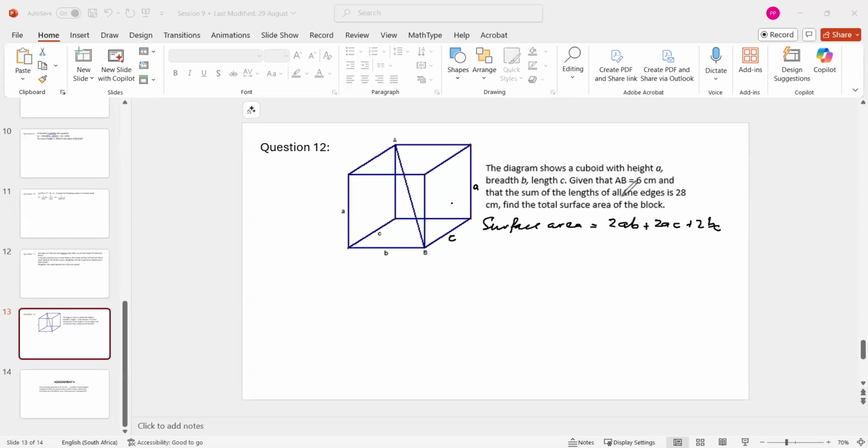The only thing they give you is, they say AB is 6. Now, can we calculate AB? I don't know whether you have done this thing before, but when you have a diagonal of a cube, the trick is to actually join this part here to where this thing ends, and you will have, like that.